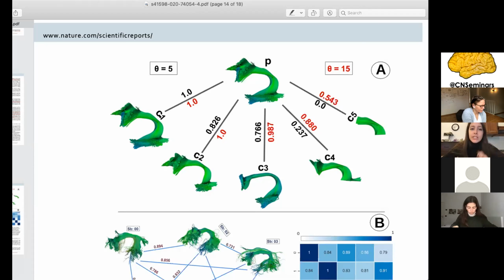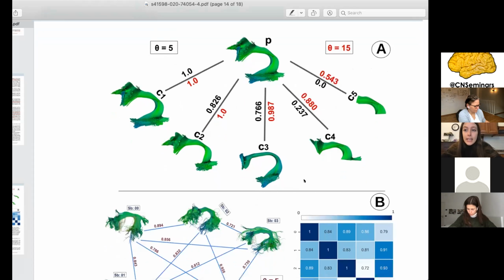We have the results for the bundle adjacency score, which can range from 0 to 1, with 1 meaning that we have a complete overlap between the two bundles in terms of shape similarity, and 0 when we have basically no line which is the same between the two bundles that we are considering. So we have the different thresholds and the different scores. You can see that they vary based on the threshold that we decide to apply.